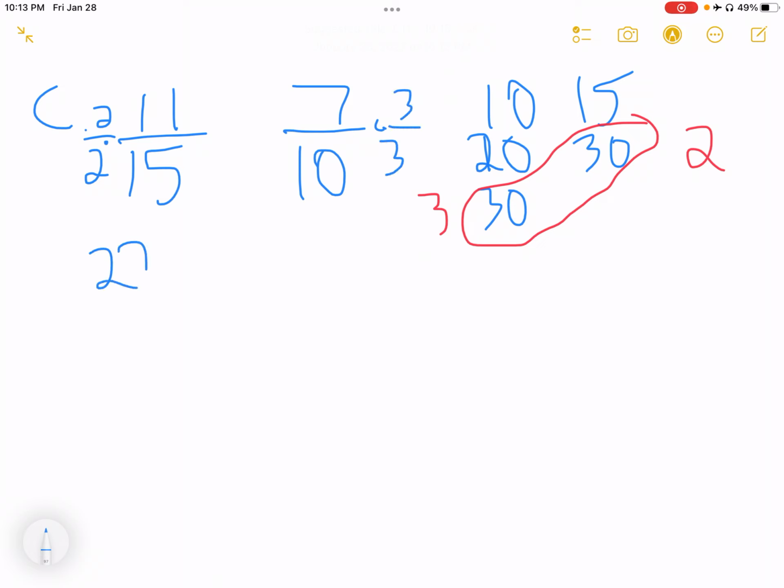So then we have 22 over 30, and then we have 21 over 30. And so the one on the left here is slightly larger.